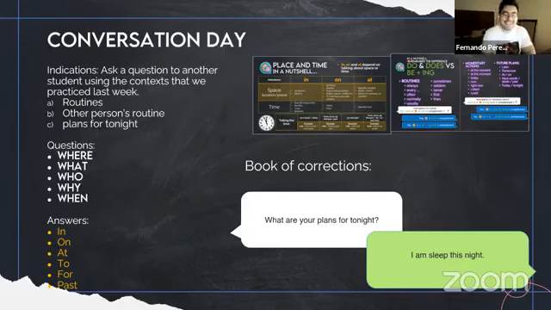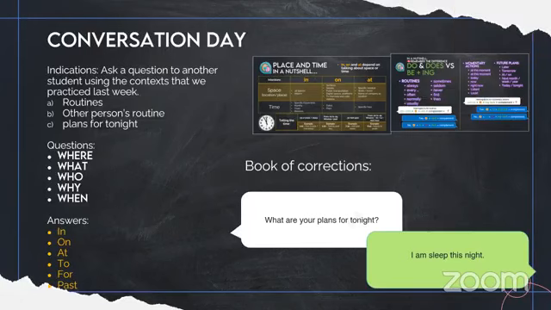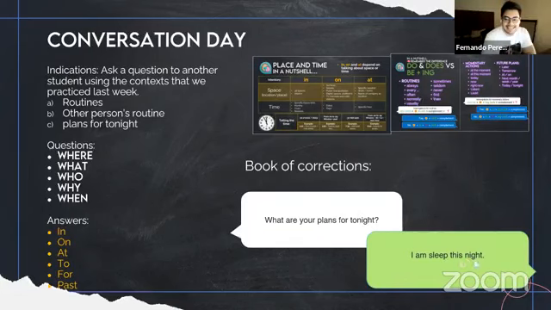Interesting. Okay. For you, Hector, we need to implement the copy-paste strategy. If Jesse says tonight, don't transform to this night. This is Spanglish, and this is English.